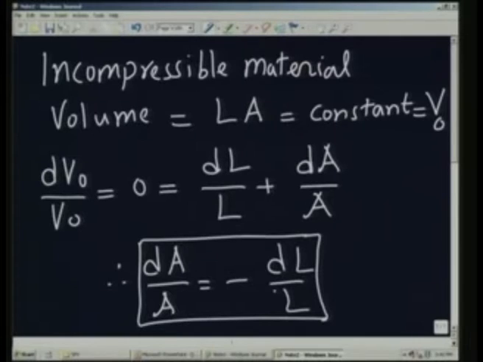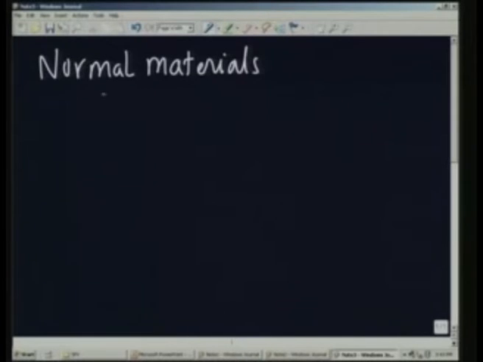Now, let us look at the case of normal materials. The one I talked about is an incompressible case, and most materials are not necessarily incompressible.